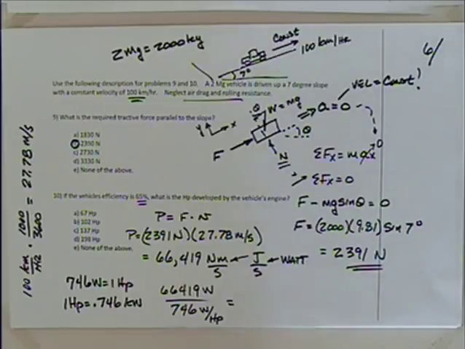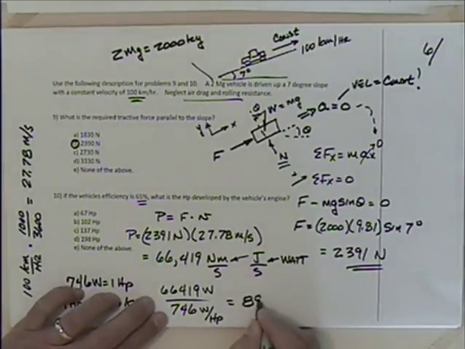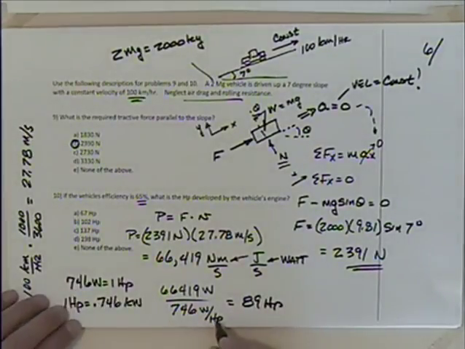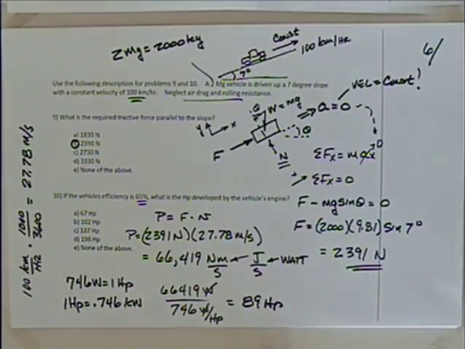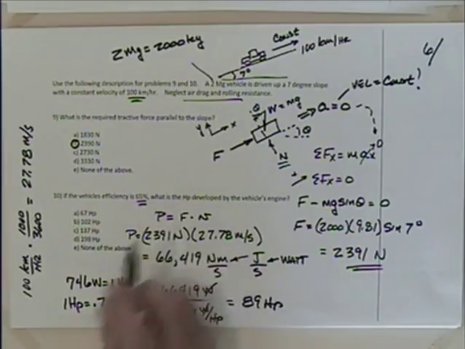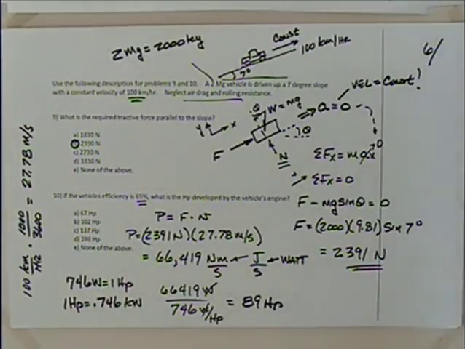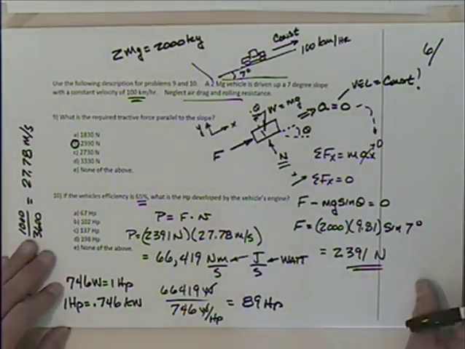So when I do that, I come up with 89 horsepower. Denominator over denominator becomes a numerator, and I get to cancel those two. So in a perfect world, we'd only need 89 horsepower, but we've got an inefficient system, so there's losses along the way in the transmission and the axle and slip at the tires or whatever it might be.